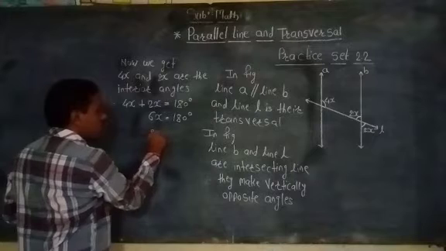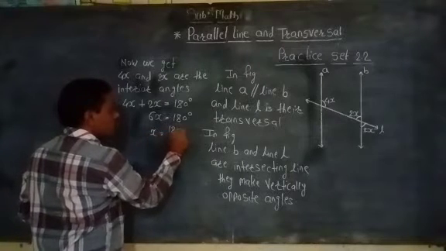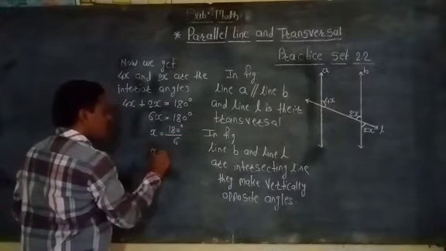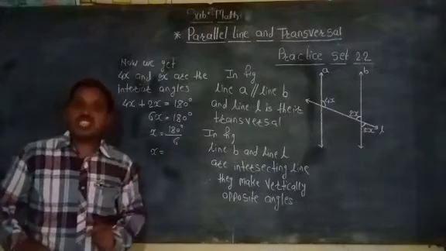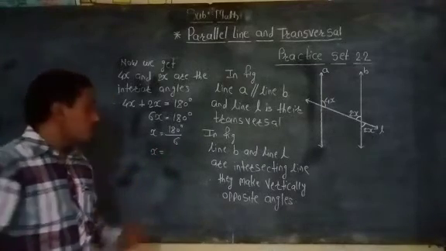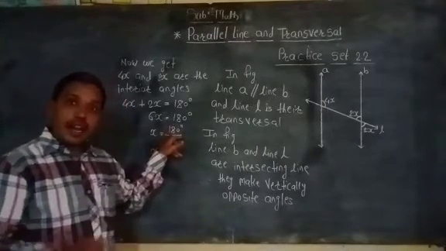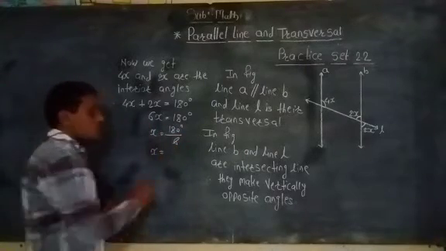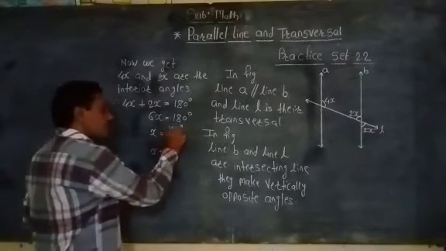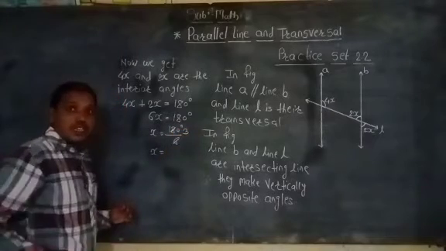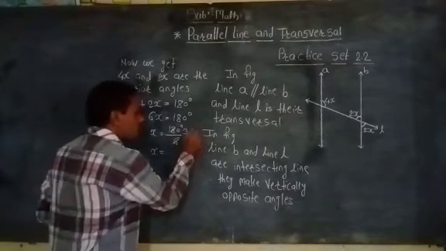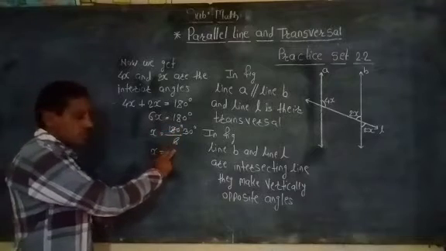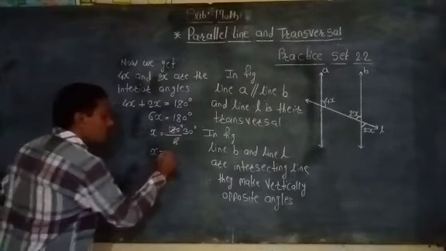So therefore x is equal to 180 degrees upon 6. In the table of 6, 6 ones are 6, 6 twos are 12, and 6 threes are 18, and the 0 stays the same. So when we divide 180 by 6, we get the answer 30 degrees.